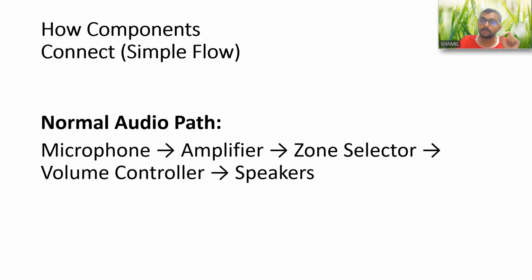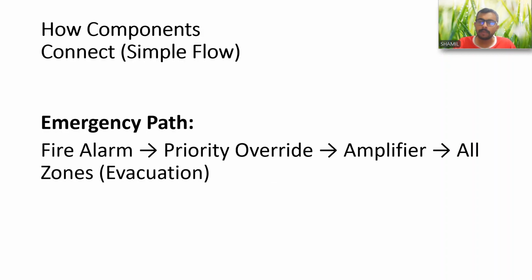Now, what happens during a fire alarm, or an emergency situation, which is mainly about fire alarm? Whenever the fire alarm gets activated, the pre-recorded fire alarm messages will gain precedence over the other types of messages, including the background music.